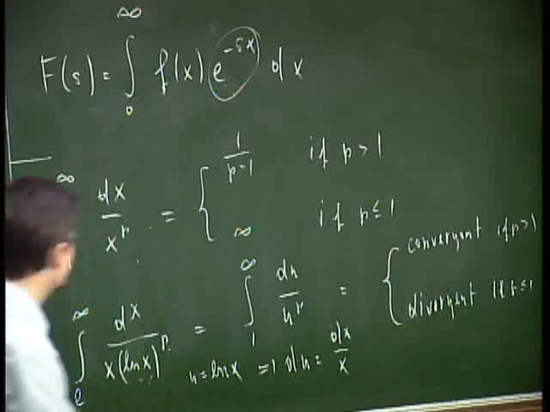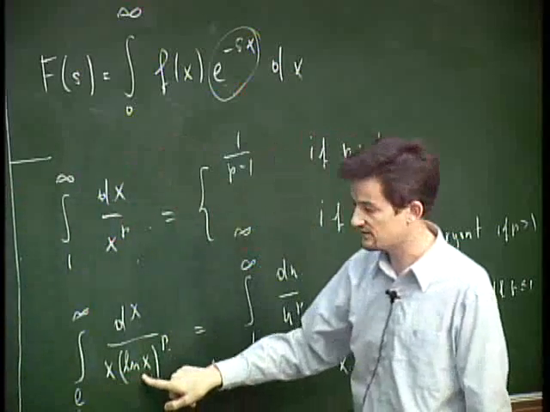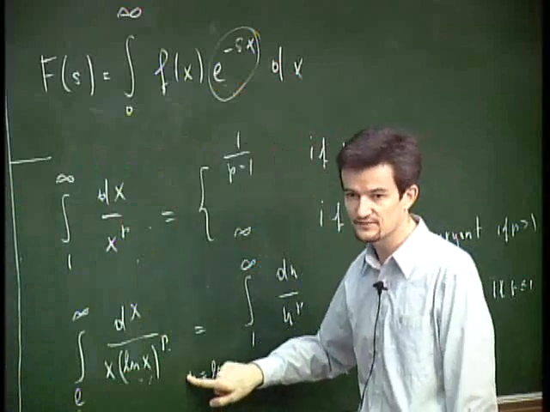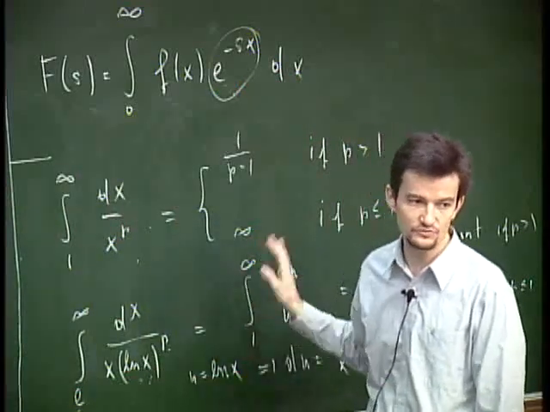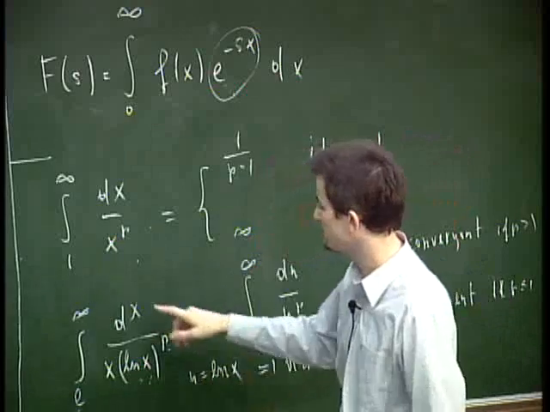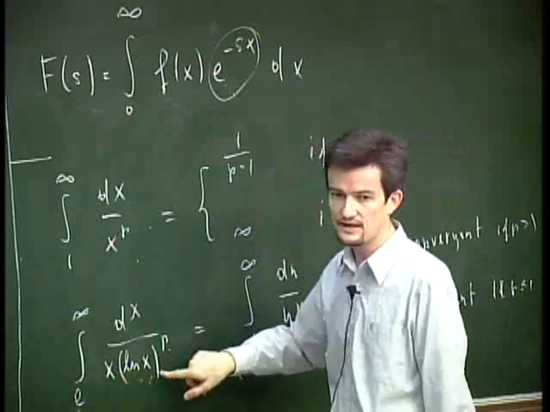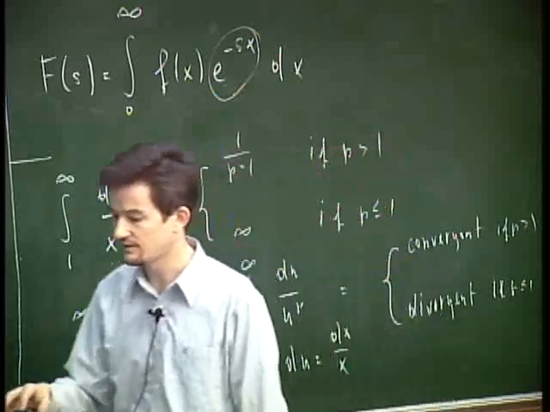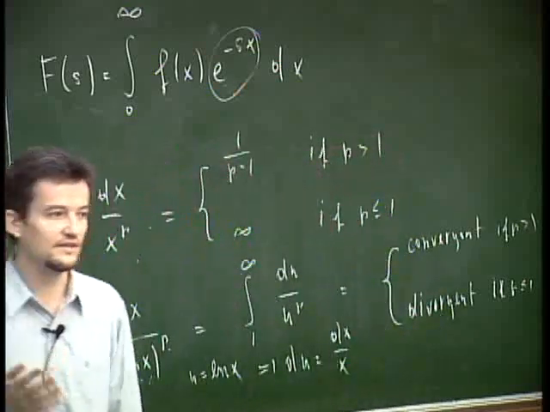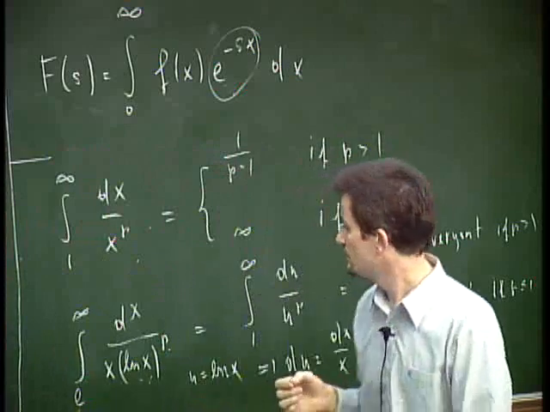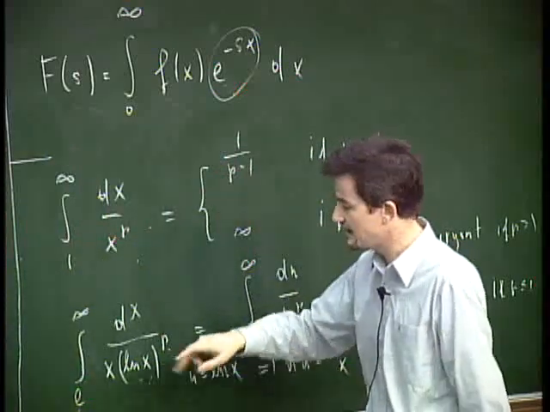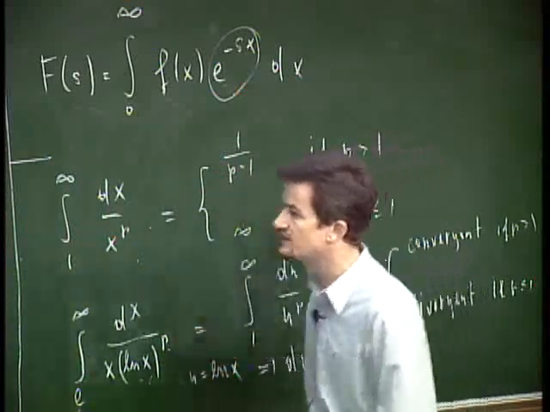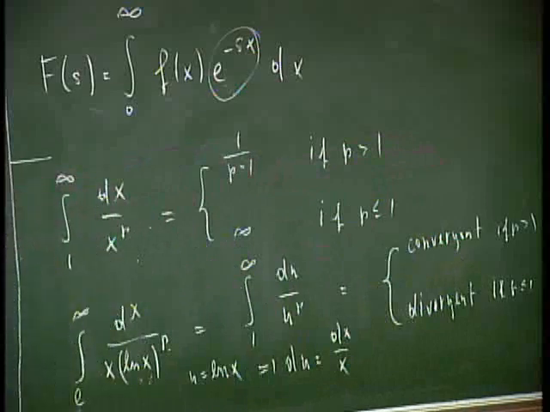Similarly, you could consider dx over x ln x to the p, and you can choose a similar transformation. Actually, you can write dx over x ln x ln ln x, and so on, till you have n ln's and to the p, and you will always have the same behavior.